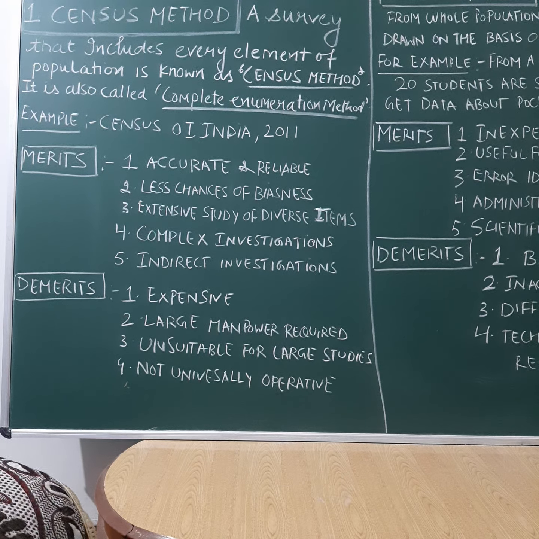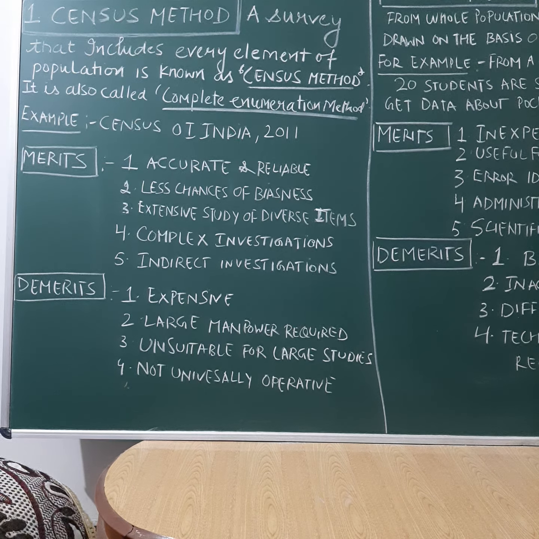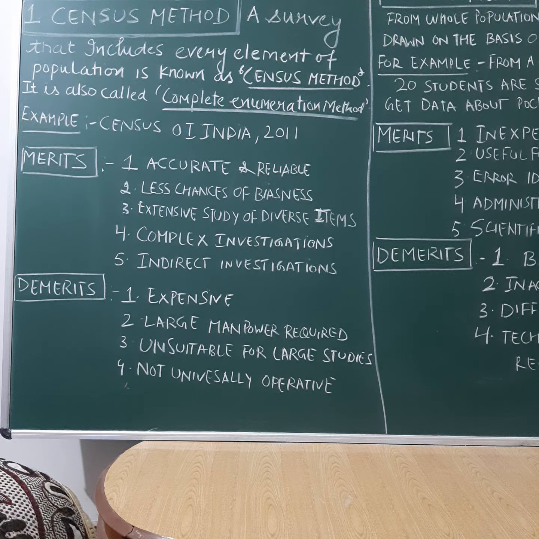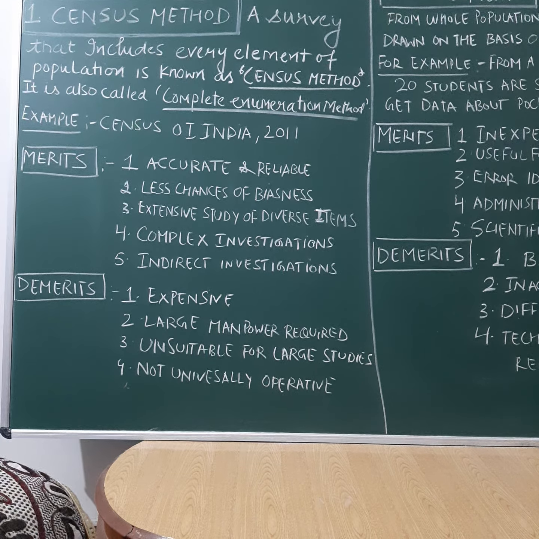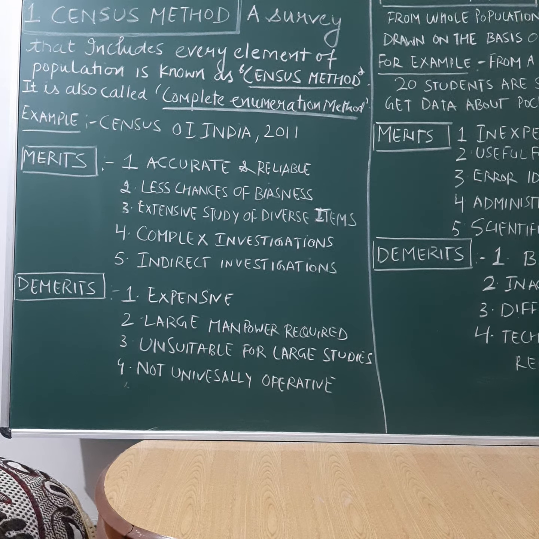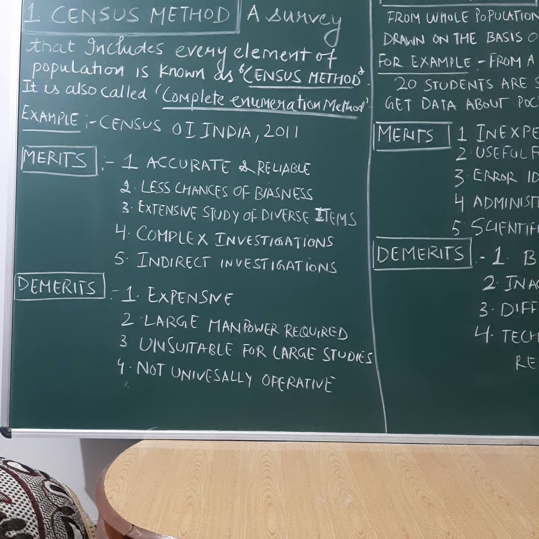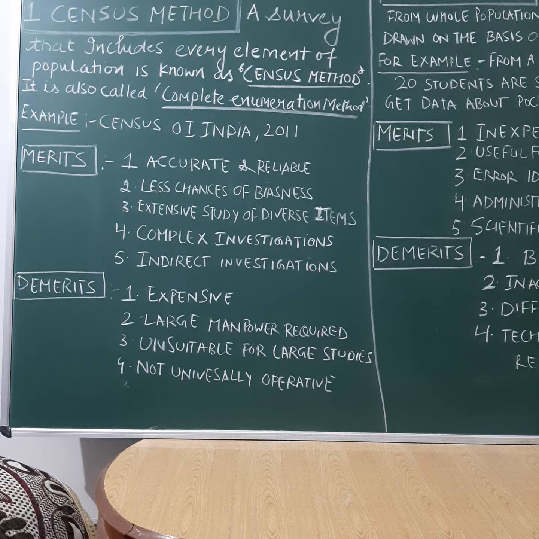Complex investigations. This point is similar to the third point. When investigations are complex, we need to study the items separately, right? So when the population is diverse, we need to study each and every item in a separate way.